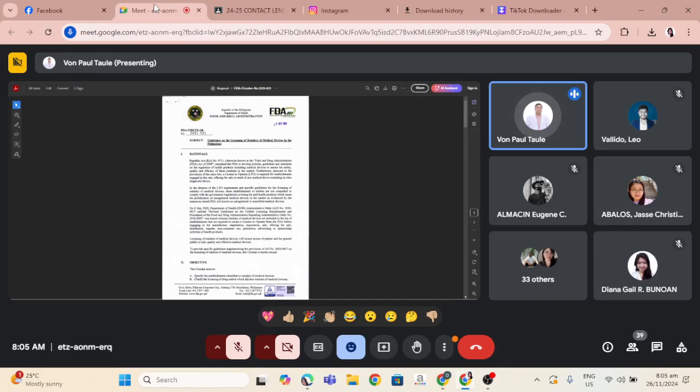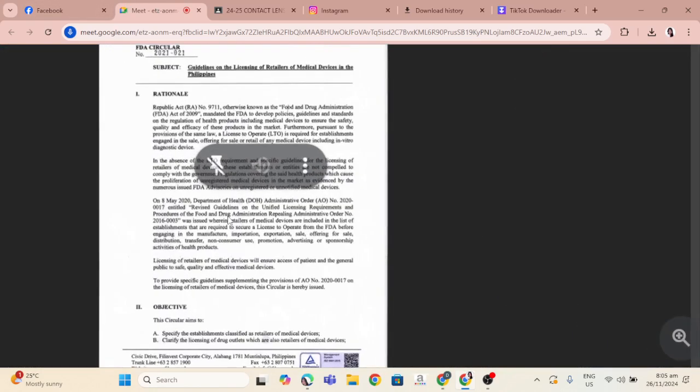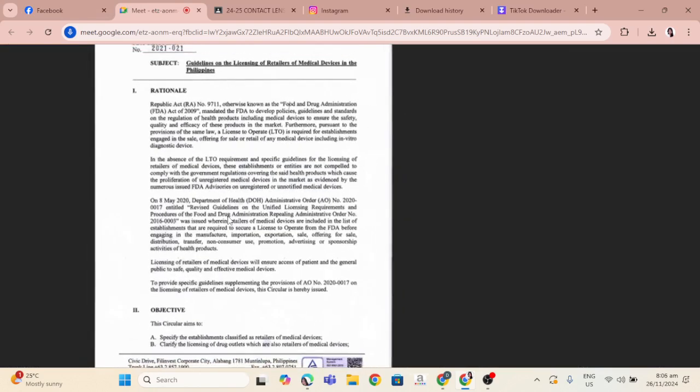Yung S2 numbers is some sort of licensing number for controlled drugs or Schedule 2 controlled drugs. So you must have this S2 number to be able to prescribe some select prescription medications that are controlled substances also. So that is yung area for practitioner's information.